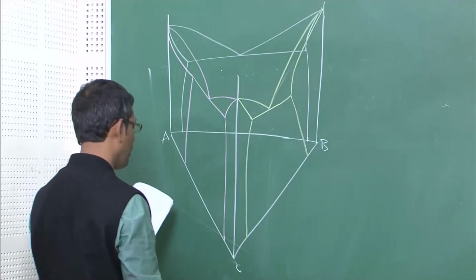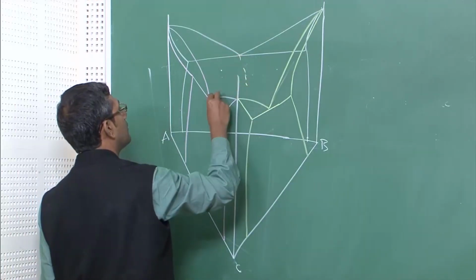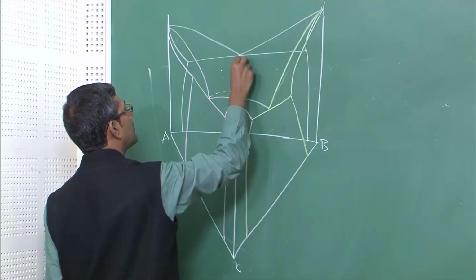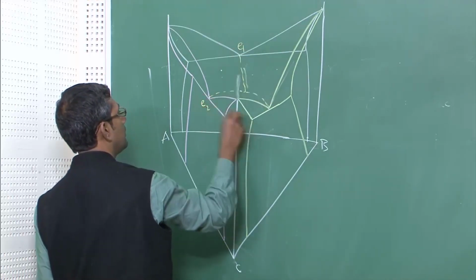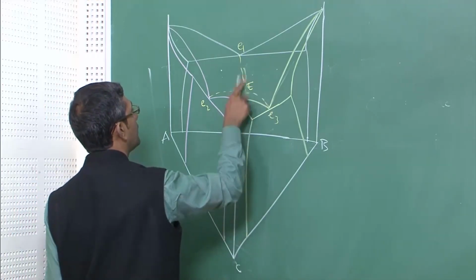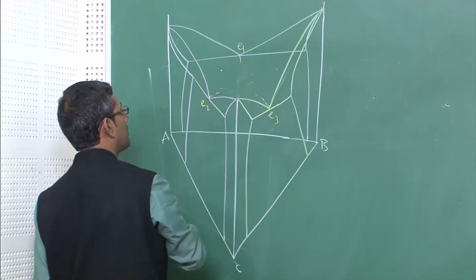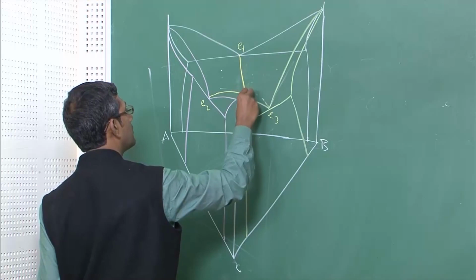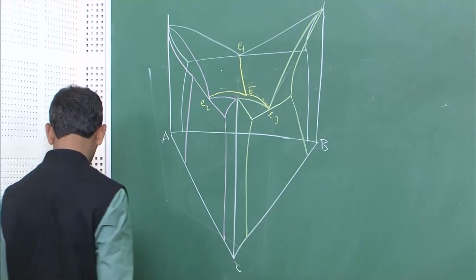Now, you can join these 3 points by yellow color chalk. This is E1, E2, E3, E. In fact, it should cut down much further, then it will look nice. That is how it will look.